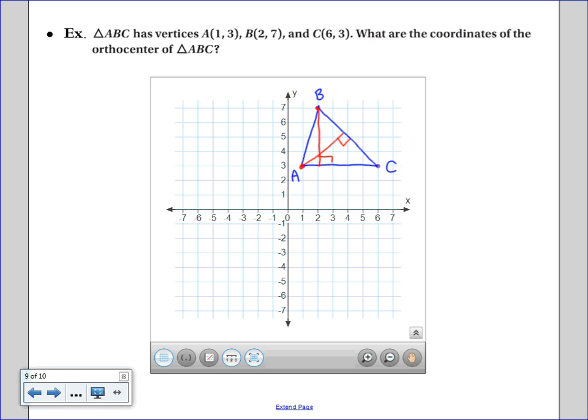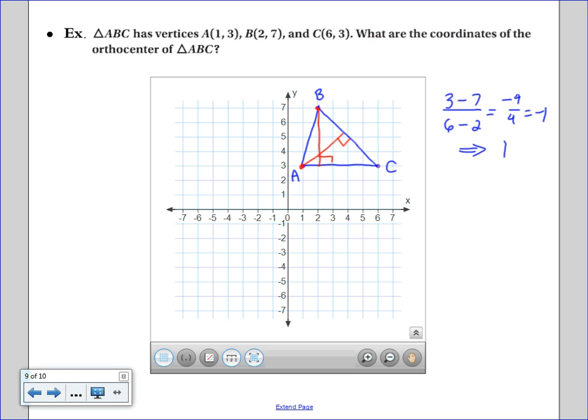I can figure out the slope of BC by using the slope formula. So if I use B and C with the slope formula, it'll be 3 minus 7 over 6 minus 2, which is negative 4 over 4, which is negative 1. I now know that the slope of BC is negative 1, which means the opposite reciprocal slope would be positive 1.